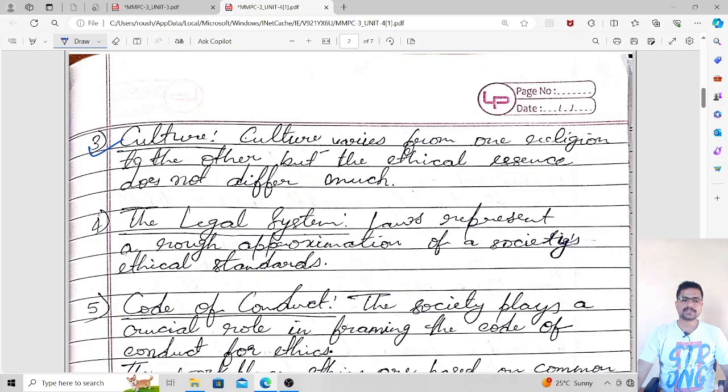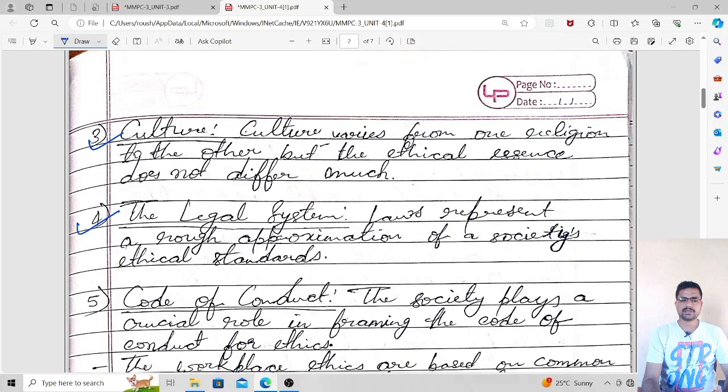The fourth one given is the legal system. Laws represent a rough approximation of a society's ethical standards. So the legal system is nothing but the rough approximation of society's ethical standards. What kind of ethical standards are present in a particular society can be understood with the help of the legal system.